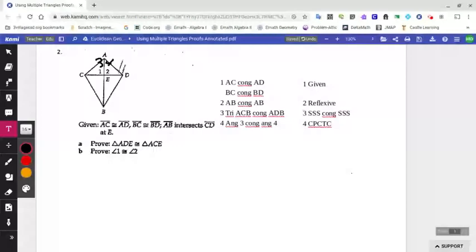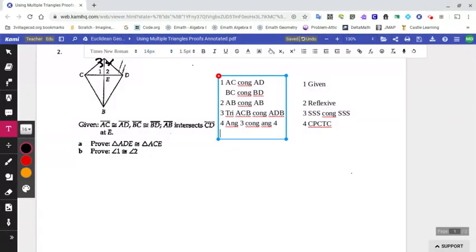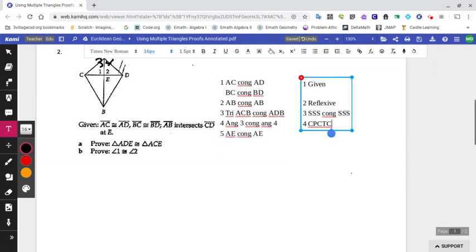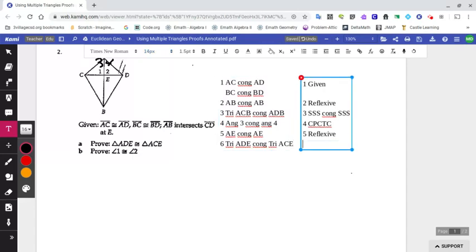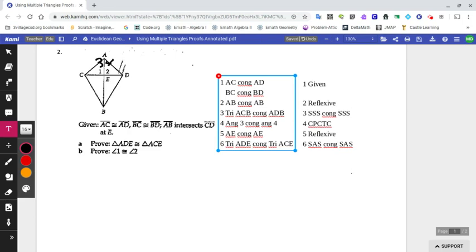Now I can say AE is congruent to itself. 5, AE is congruent to AE, by reflexive. Now I've proven the two triangles at the top: triangle ADE is congruent to triangle ACE, and we've done that by side angle side. So 6, side angle side congruent to side angle side. That's part A.